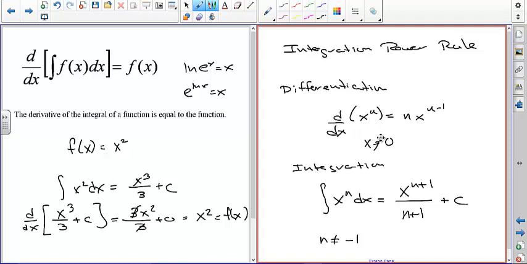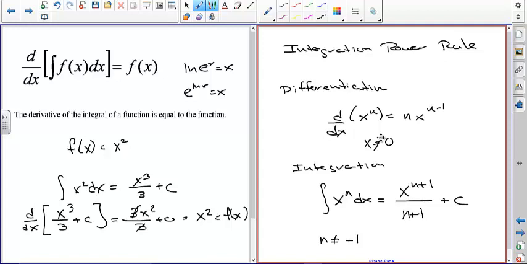So they work for every value of exponent except 0, because x to the 0 is a constant. That wouldn't give you the right answer for the derivative of a constant, which is 0.